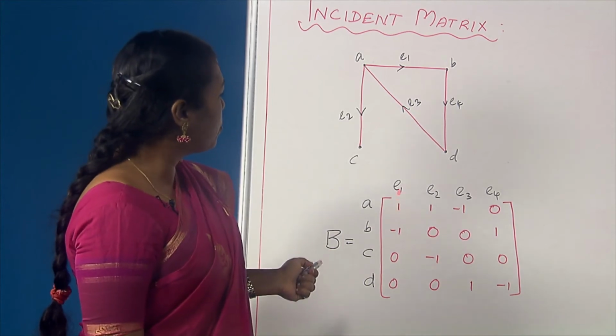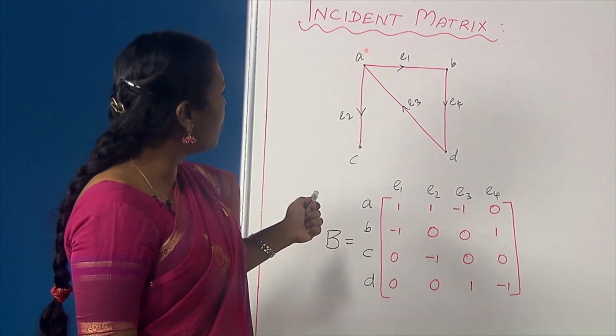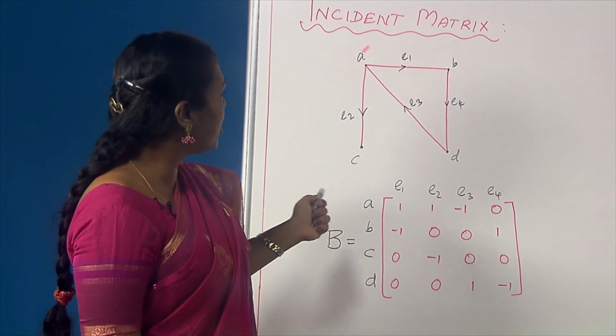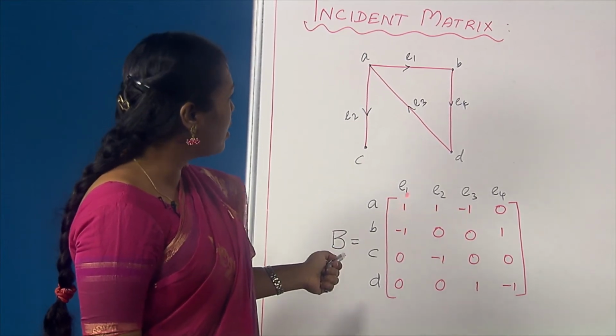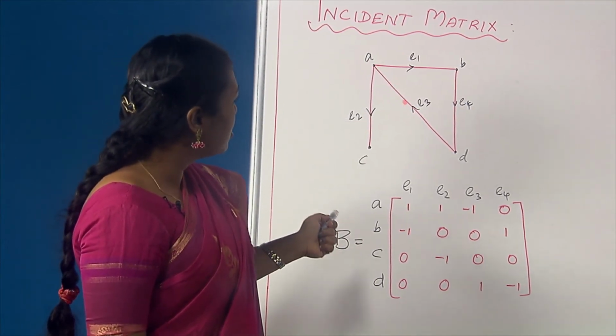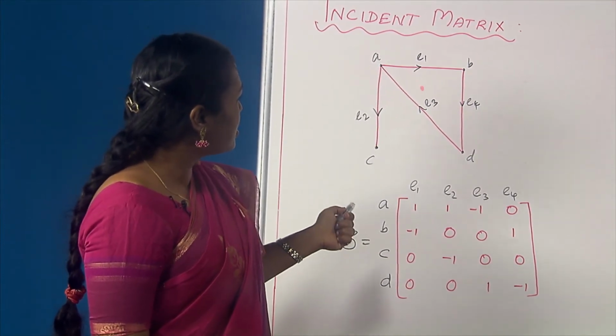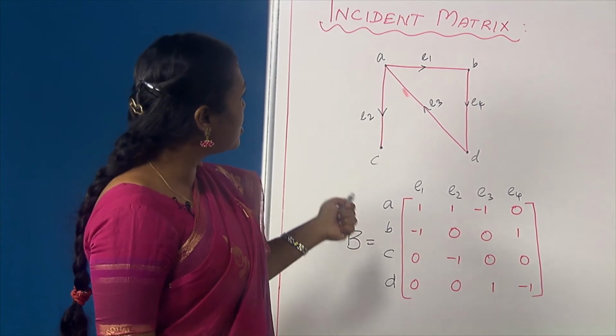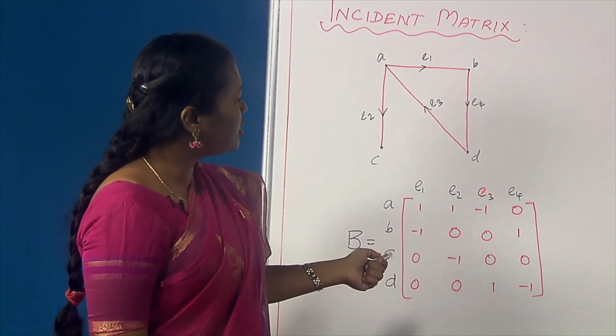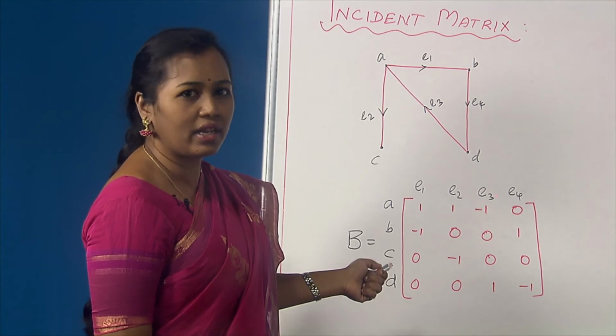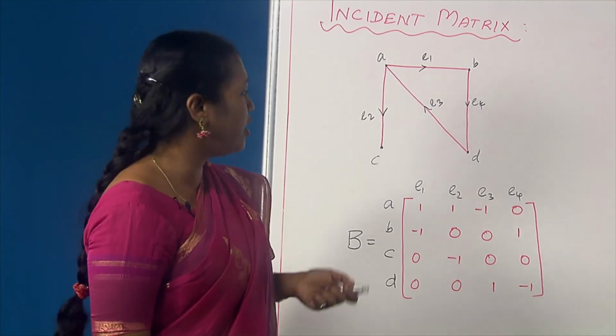So, when the edge is going outside of A, it is plus 1, and if it is coming inside, see for example this edge E3, it is going inside into A, and therefore the edge E3 is marked as minus 1 in keeping with that in degree, out degree notation.